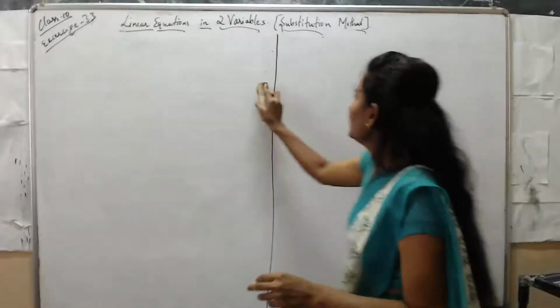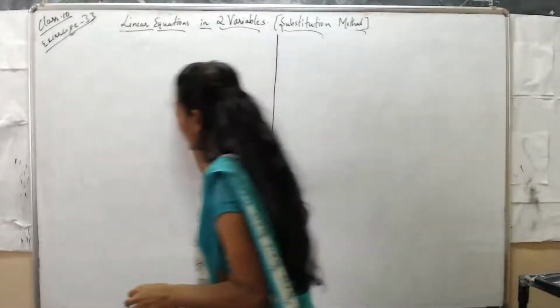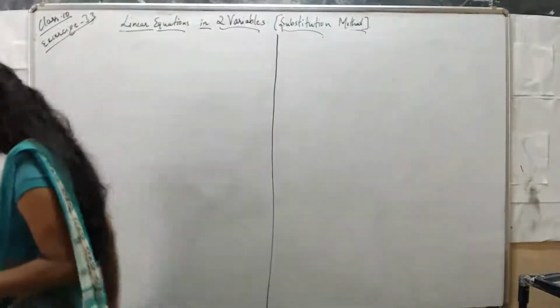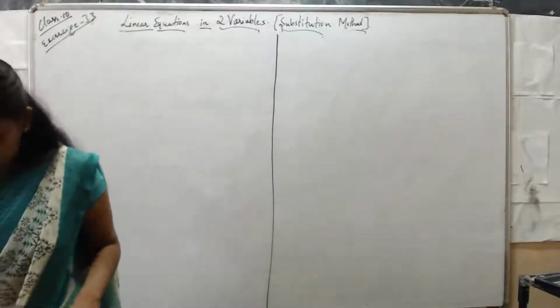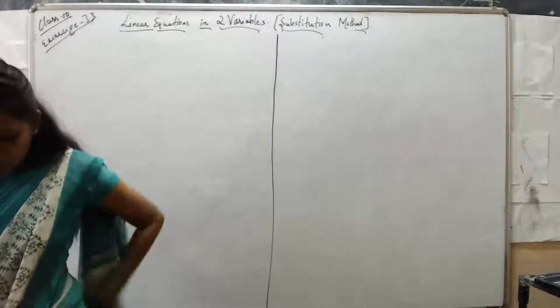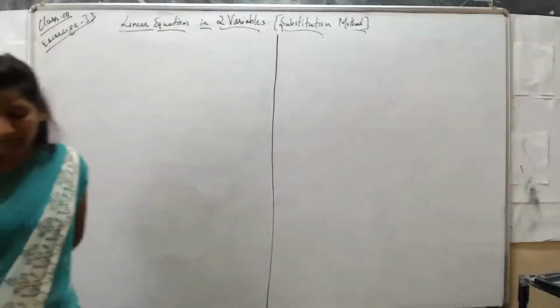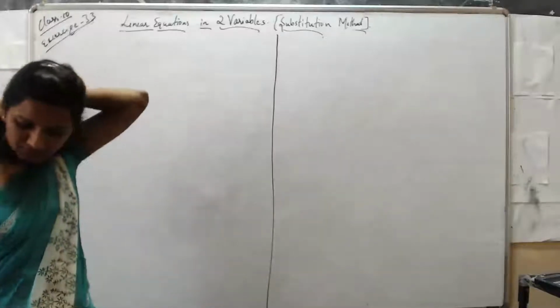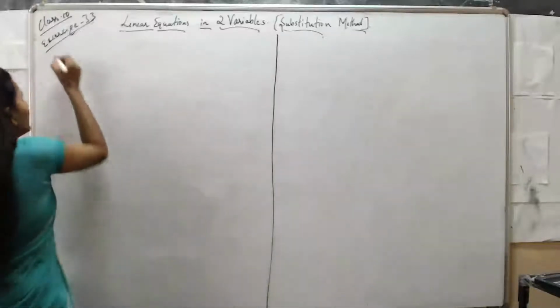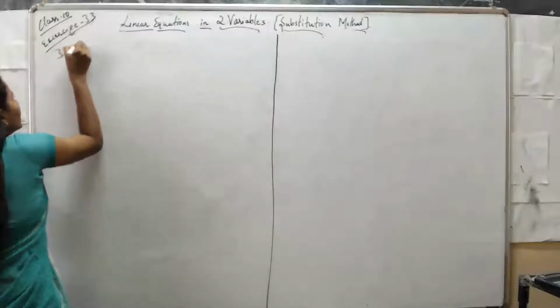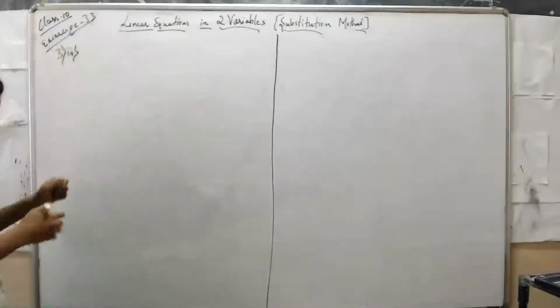What is the sum of supplementary angles? 180 degrees. The sum of supplementary angles is 180 degrees. Next. The coach of a cricket team, I already read the question. The cost of 1 bat, if you don't know the cost, what do we have to take?